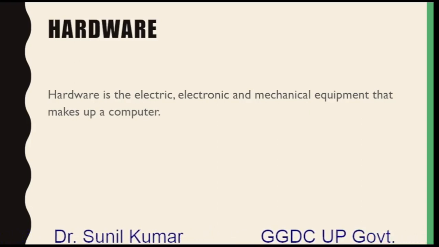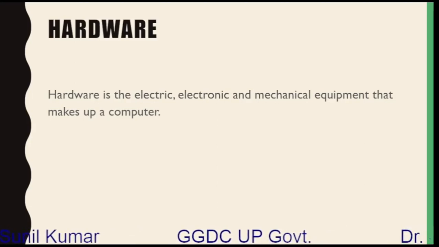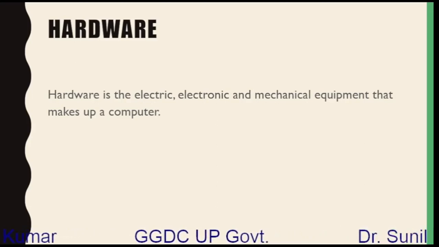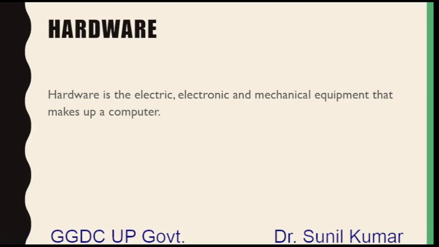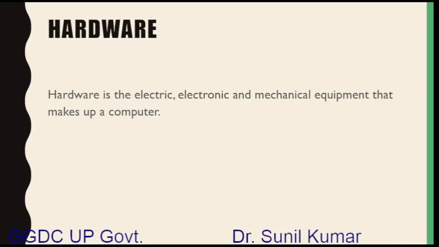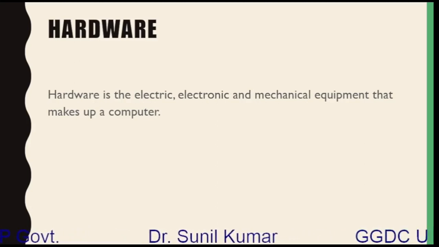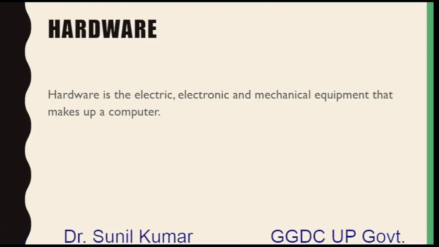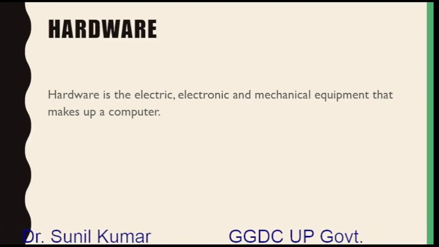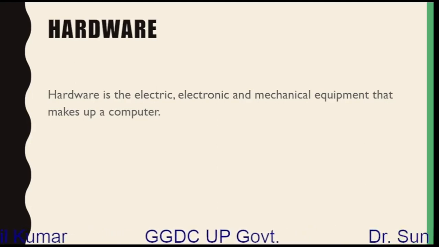Hardware can be divided into two main categories: internal and external. Internal hardware refers to the components that are inside the computer, such as the CPU, motherboard, and hard drive. External hardware refers to devices that are connected to the computer, such as the monitor, keyboard, mouse, and printer.